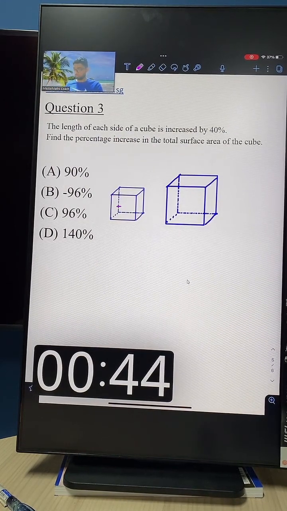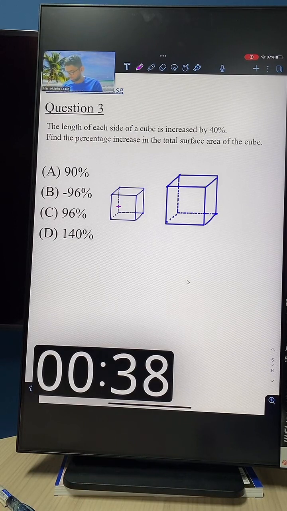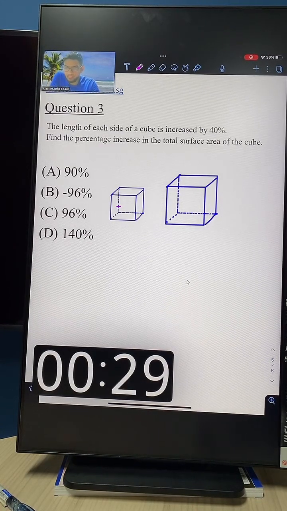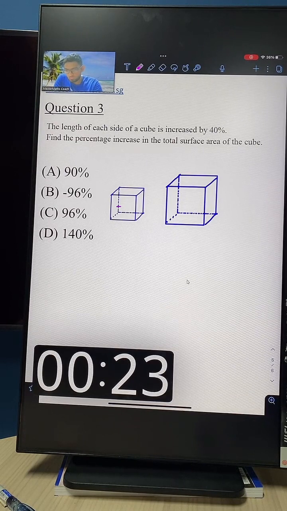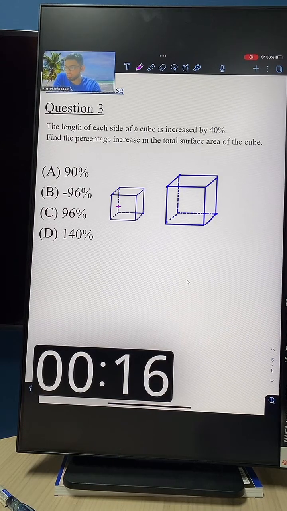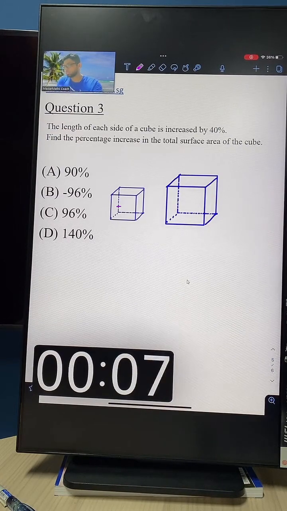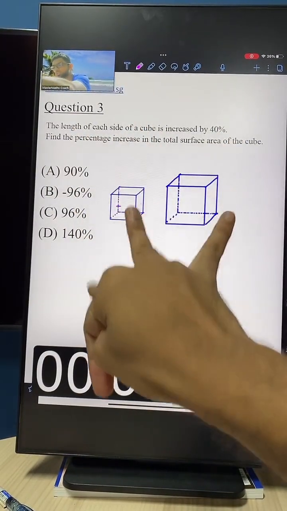Let's go. Ten seconds left. Okay guys, let's do a countdown. 10, 9, 8, 7, 6, 5, 4, 3, 2, 1.